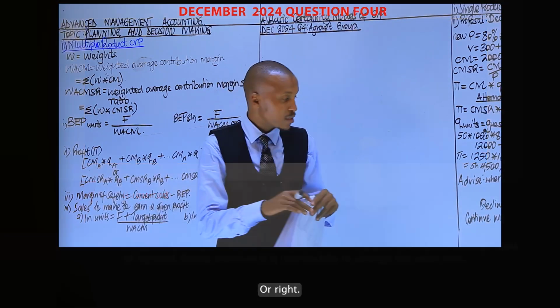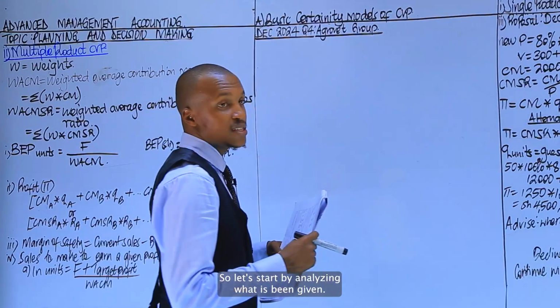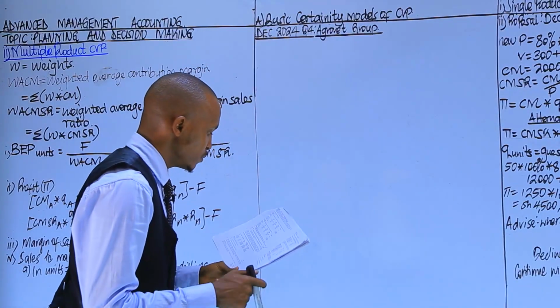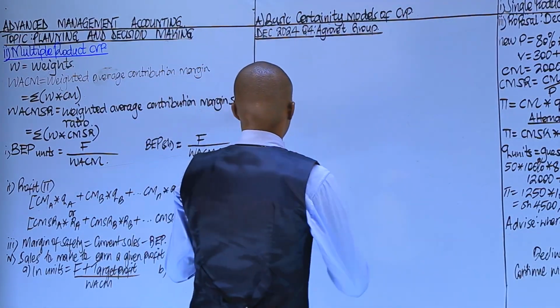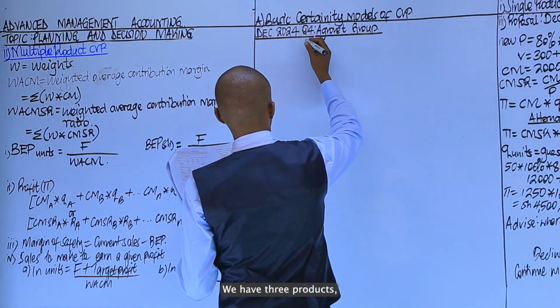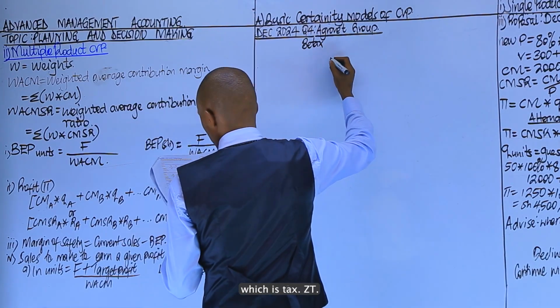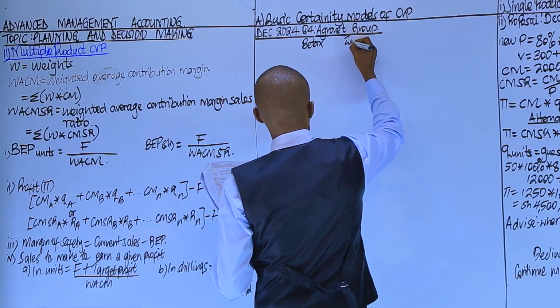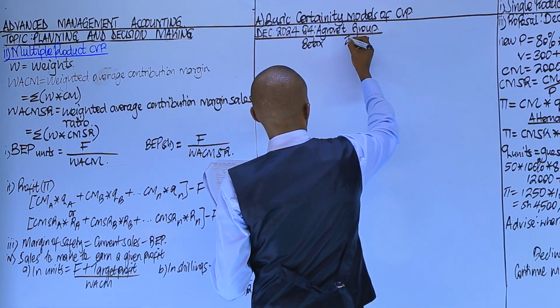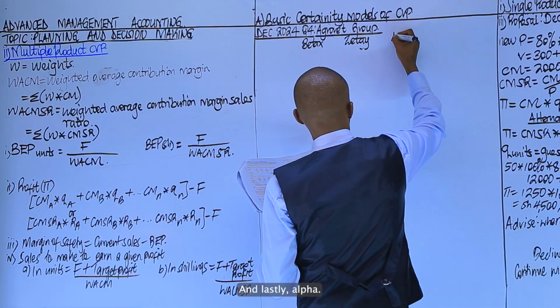All right. So let's start by analyzing what we've been given. We have 3 products, which are Betax, Zite, and lastly Alphas.